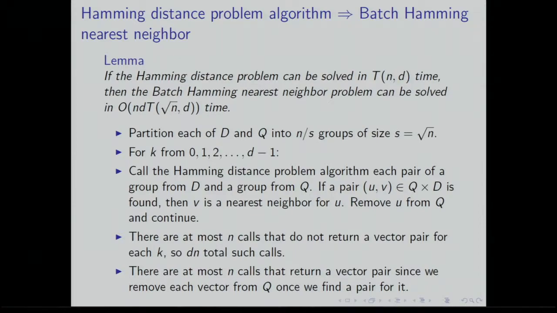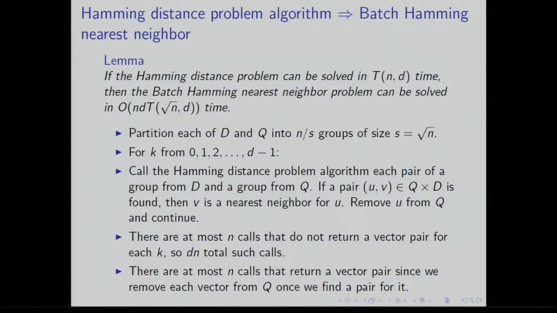So we start from k equals 0 and go up to d minus 1. And what we do is call our Hamming distance algorithm for each pair of one of the groups from D and one of the groups from Q. So there are root n groups from D and root n groups from Q, so there are n of these in total.